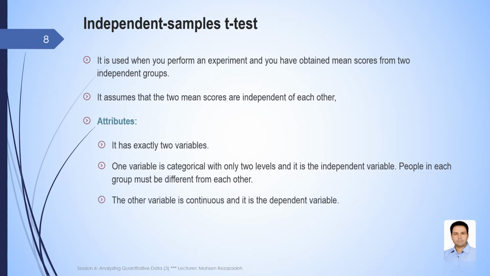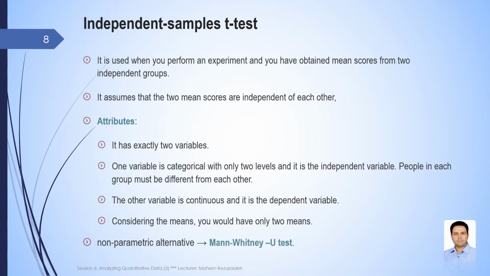The other variable is continuous, and it is the dependent variable. And considering the means, you have only two means, because you have only two sets of scores to compare. In that case, you can use the independent samples t-test.